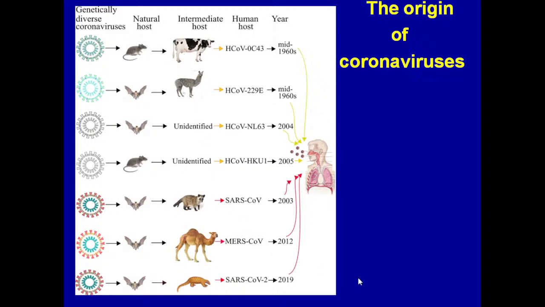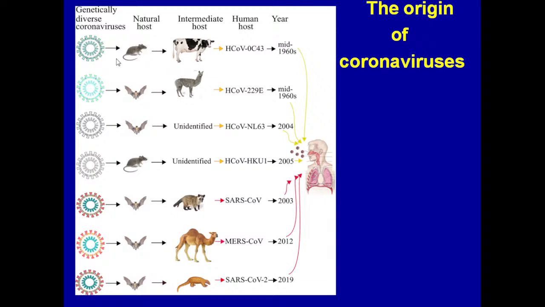And please pay attention that mainly when a new human coronavirus appears, the natural hosts have been bats or rats. That's it. So it means that the human viruses by now didn't appear from another natural host, just bats and rats.